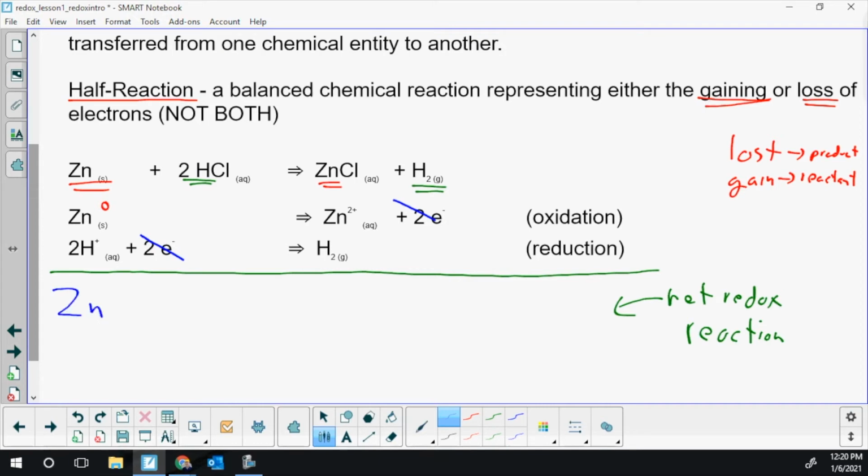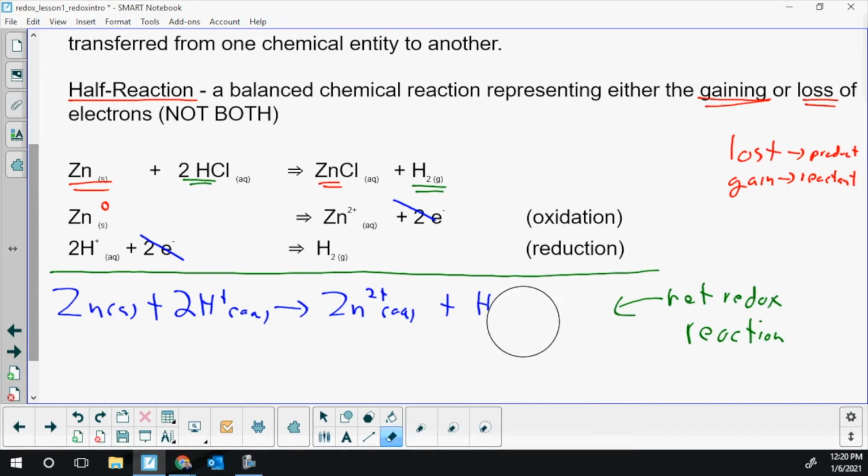We just see the zinc that loses electrons, the 2 H plus that gain them. We get our ionic zinc, the zinc after it's lost electrons, and we get the 2 H's molecularly bonded to each other when they've gained 2.